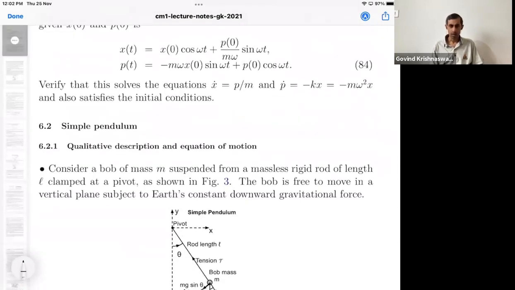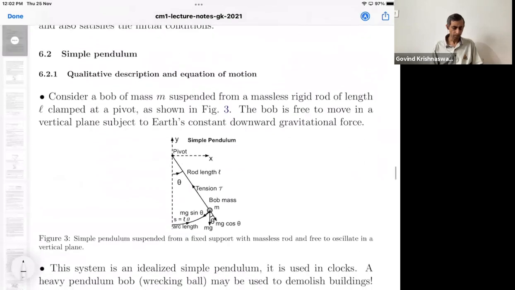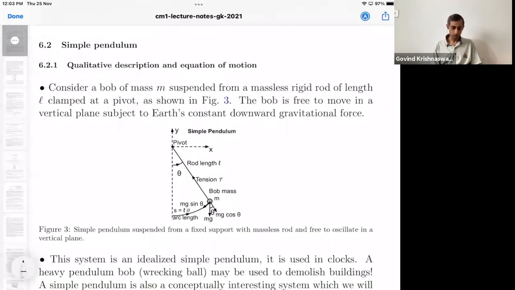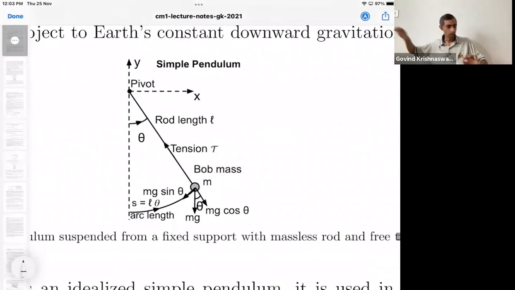Last time we were discussing the simple pendulum, and we had set up the problem here. We had a horizontal x coordinate and a vertical y coordinate, and this is all in a frame at rest relative to the Earth.